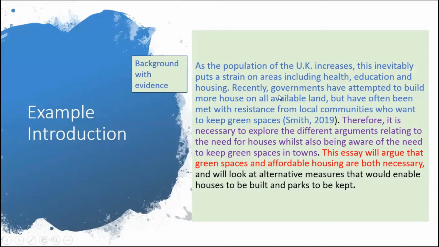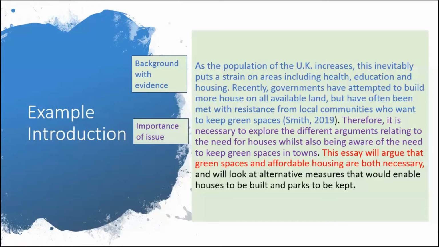And then it says the governments have attempted to build more houses, but there's been resistance, from those who say you shouldn't build on green land, green spaces. So it moves from general, setting the scene about population increases putting a strain on housing, and then talks about difficulties of building houses.